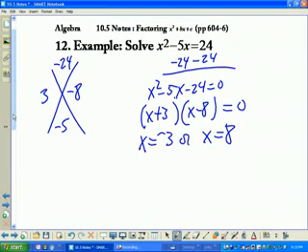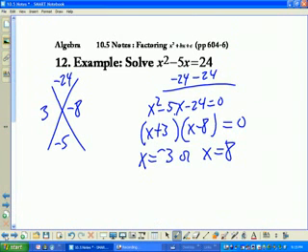That's all I got to do in those problems. That is, set it equal to 0, factor it, and then solve that factoring problem just like we did on the assignment from yesterday. And we're done. And that's all we're going to do today with factoring x squared plus bx plus c. That is factoring with a leading coefficient of 1.